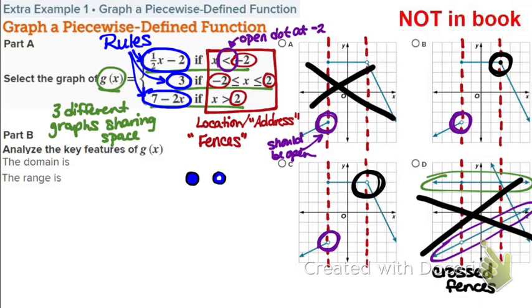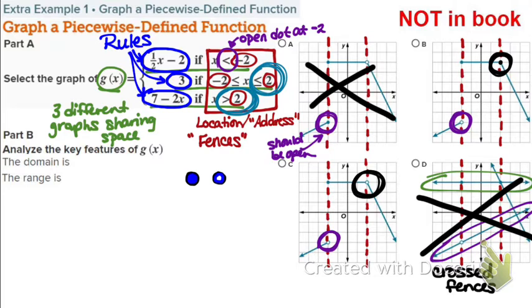So which fence am I looking at? +2. So I'm going to come over here and look at the +2s. So I'm looking right here, and I'm looking right here. The only way I get an open dot like this is if both of them should be open.